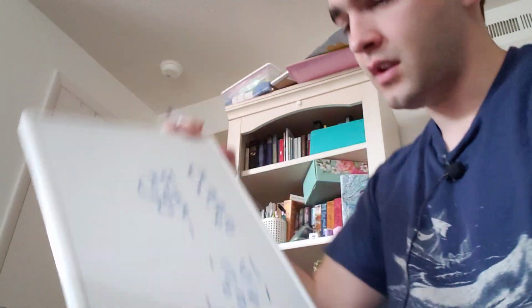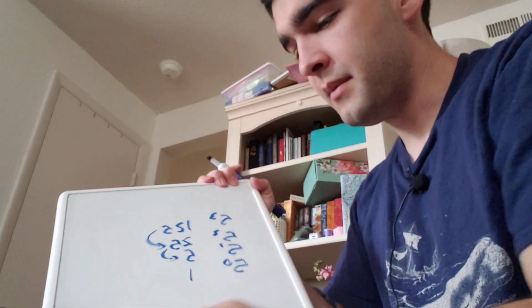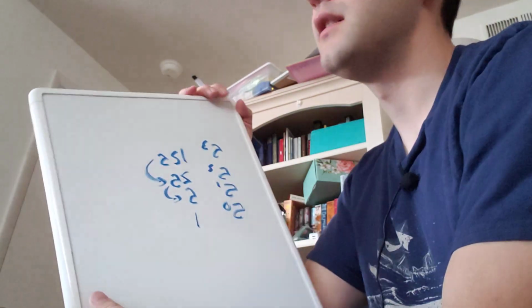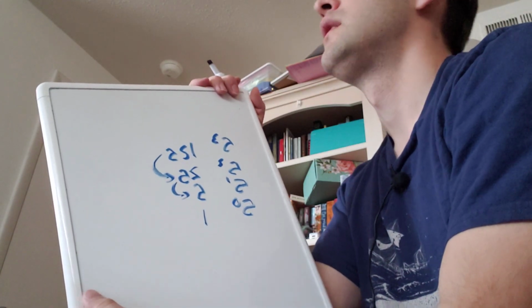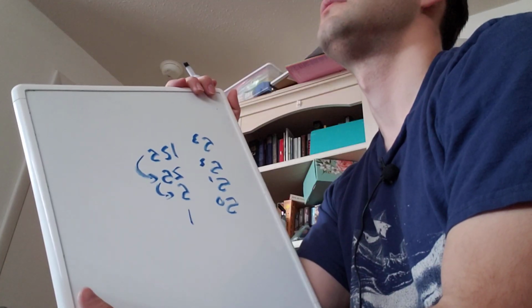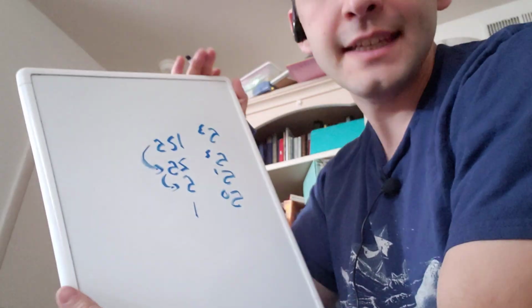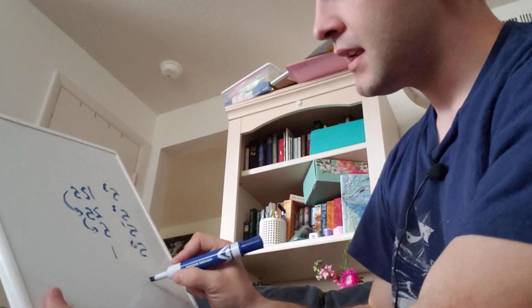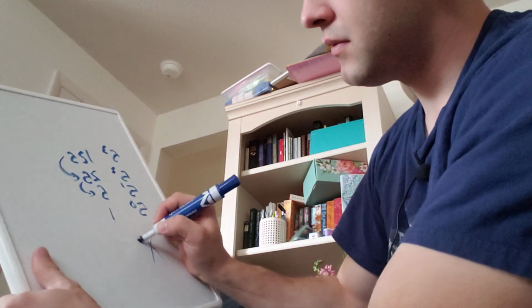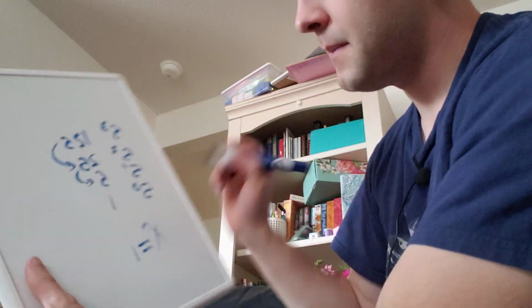Like that. So, a common thing you'll see, a standard identity, is anything to the 0 equals 1.